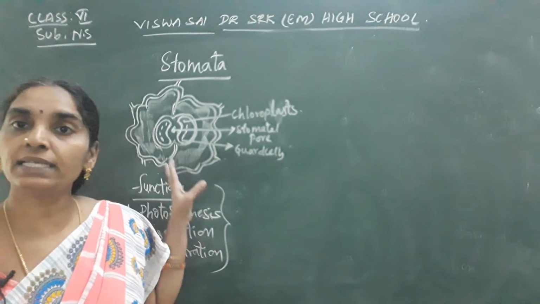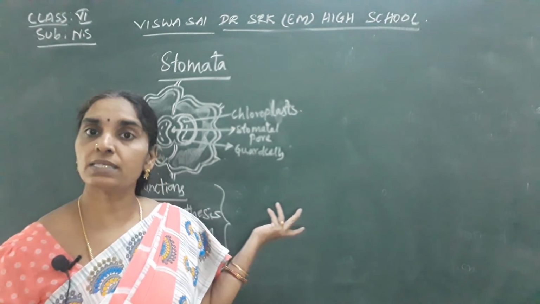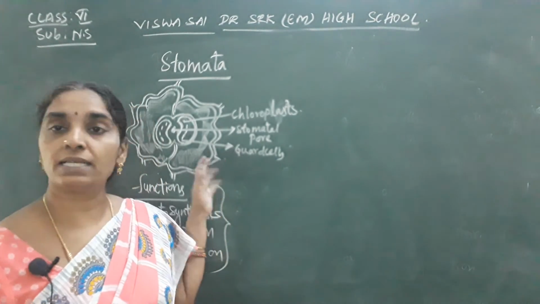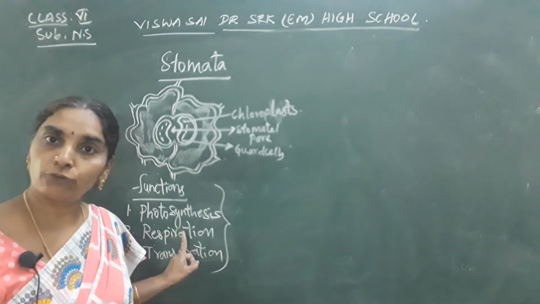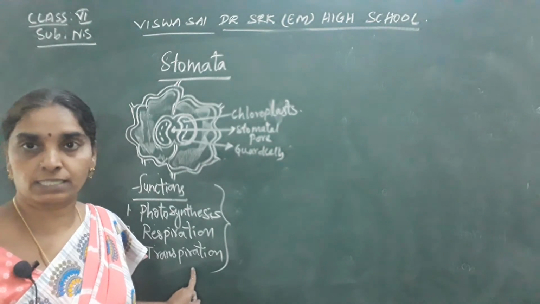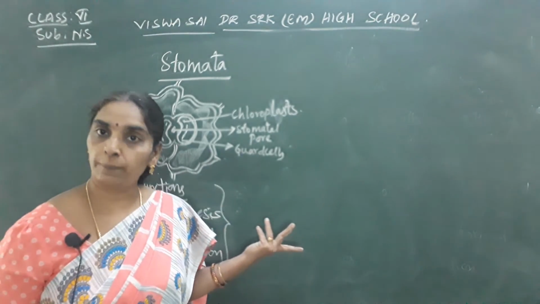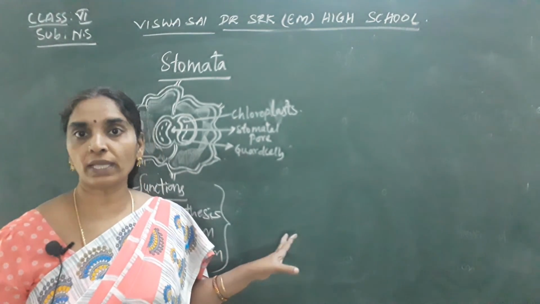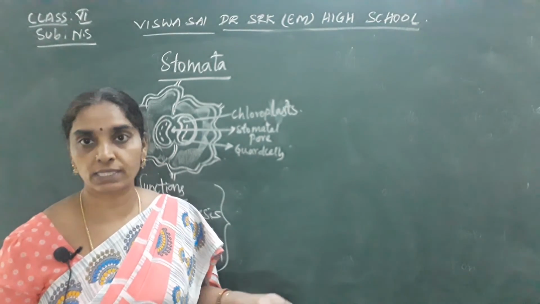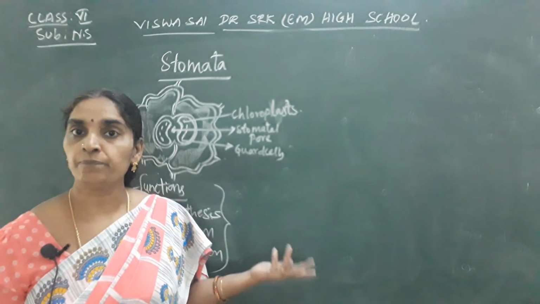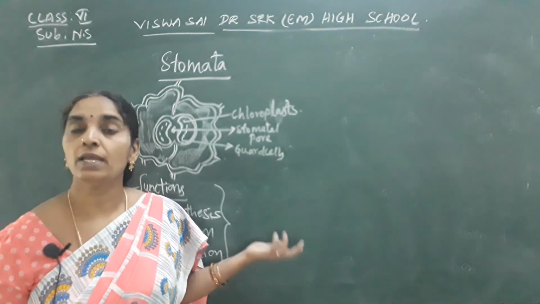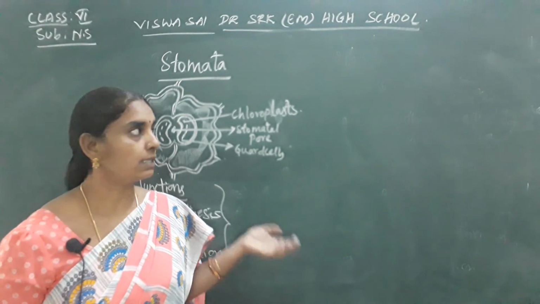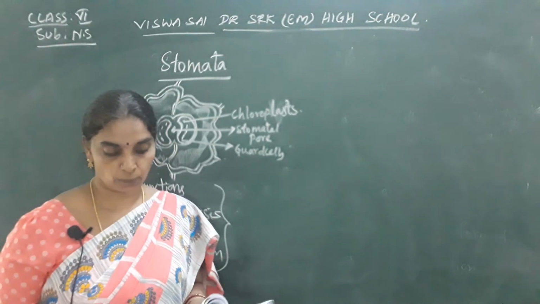If a plant doesn't have any leaves, the plant doesn't perform photosynthesis, respiration or transpiration. So the plant dies. No preparation of food, no exchange of gases, and the excess water is not removed from the body, and so the plant dies. So this is about the stomata.